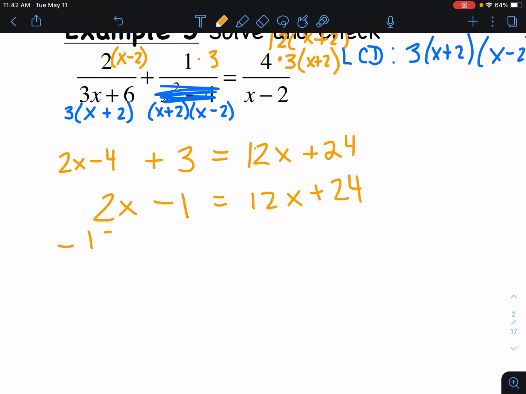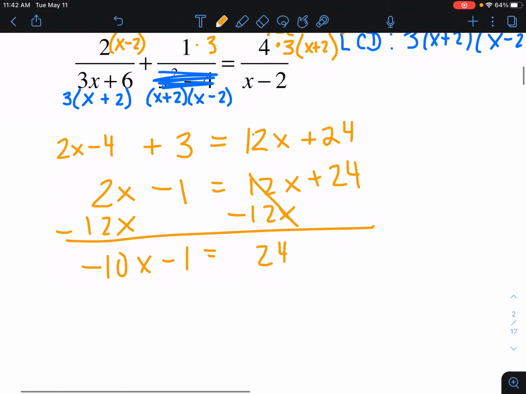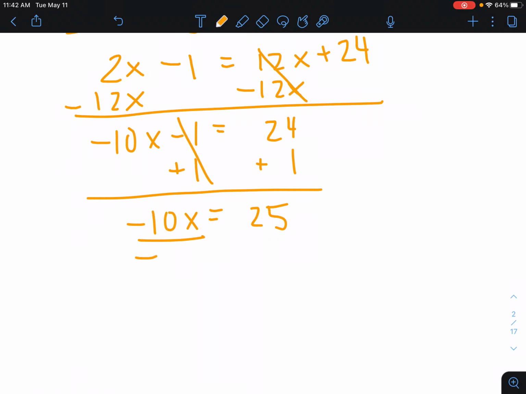We're going to subtract 12x from both sides. Then we're going to add 1 to both sides. And then we're going to divide both sides by negative 10. And we'll call it negative 2.5.